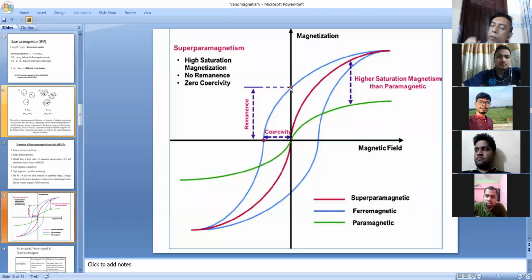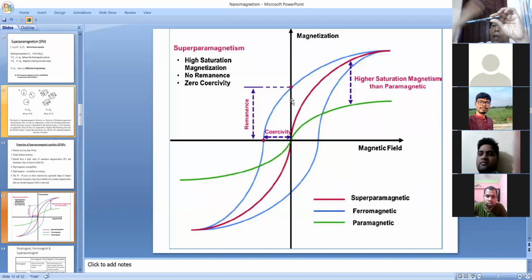When the magnetic field is 0, how much magnetization will remain? Say, for example, this is a ferromagnetic substance. There is no magnetic field in the vicinity of this substance, but it has a definite magnetic moment.